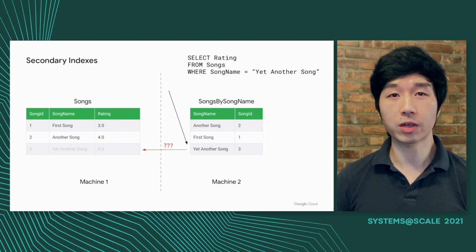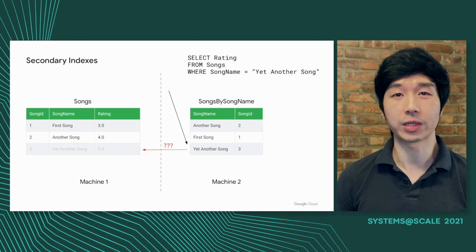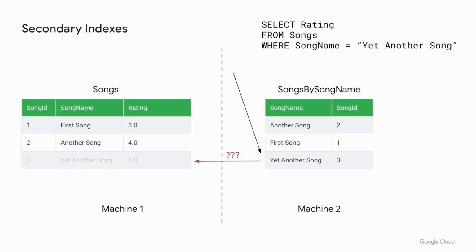If the machine that hosted the base table was slow or lagging behind, we might find that we can't actually find the original song row, even though the index has it. This is problematic. We could just drop this row, but thinking of all the different edge cases you might have to handle because of a lack of consistency can quickly become mind-boggling.